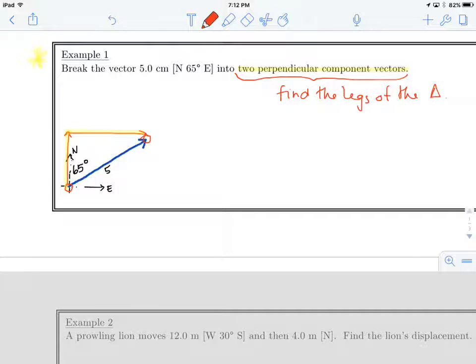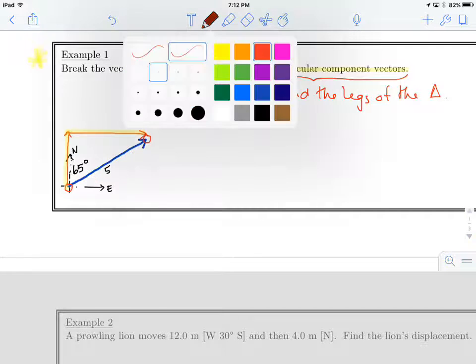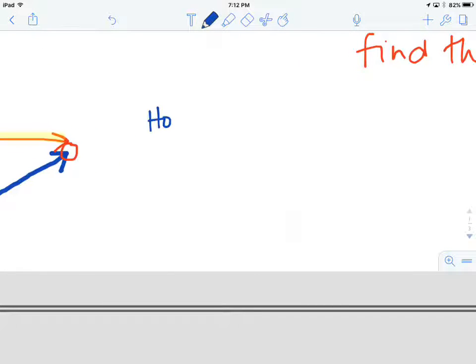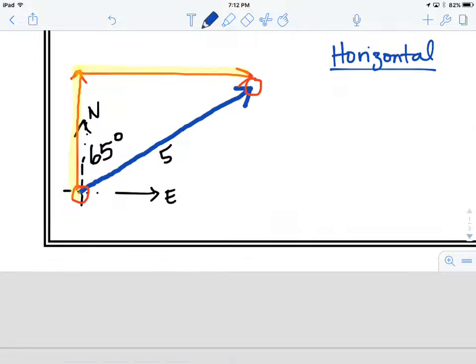Let's work on the horizontal component first. When I look at this, I know that the hypotenuse is 5, and I know what this angle is. This is the horizontal side over here. This is the vertical side. The horizontal side is the opposite side to this angle, which is 65 degrees.